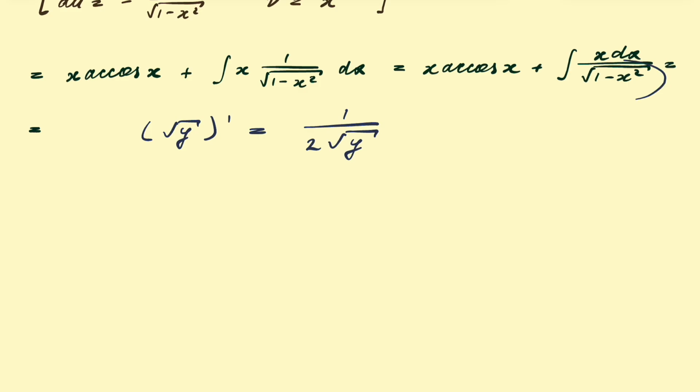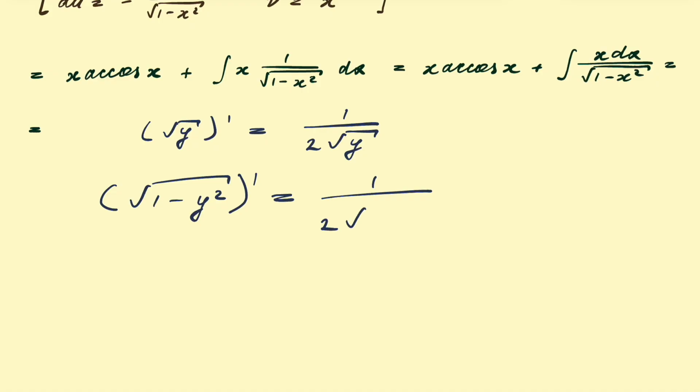Now in our case we have the form 1 minus x squared in the square root, so let's write it down. We have 1 minus y squared, and see what happens when we compute the derivative of this expression. We have 1 over, again, 2 times square root of 1 minus y squared times, since this is a composite function, we need to multiply it by the derivative of what's inside.